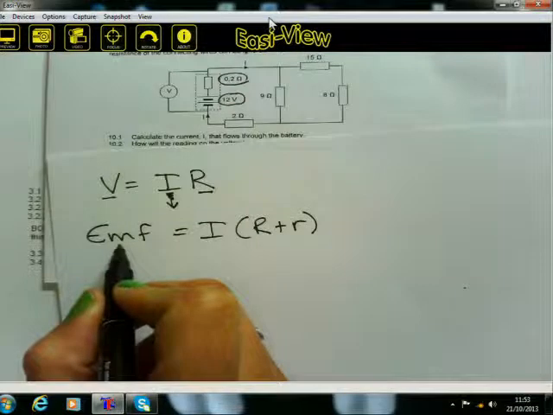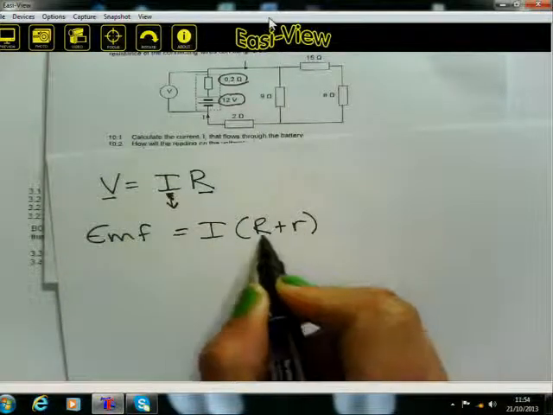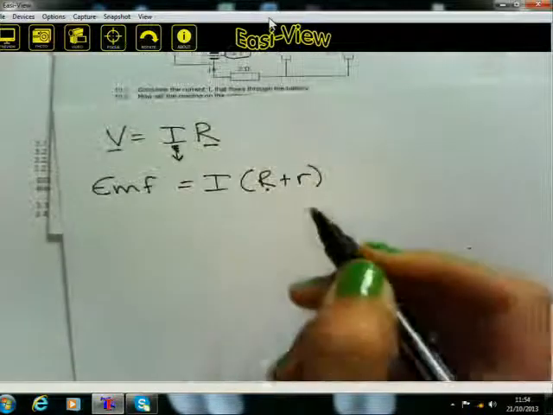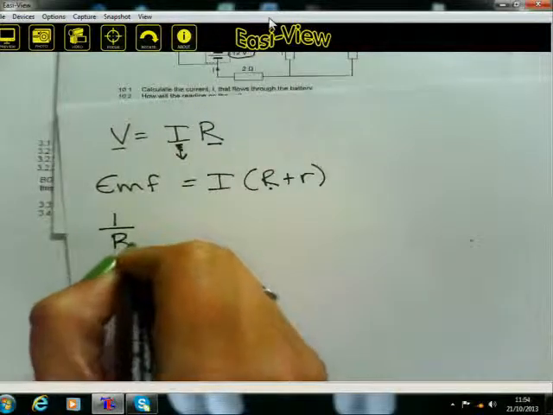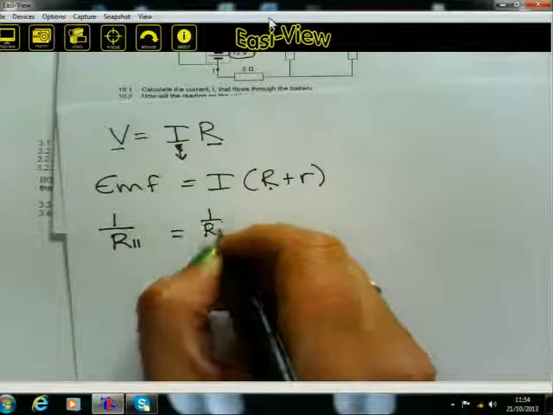Because together, this one will take 3.2, that one will take 3.2 volts, and together they must make up the whole voltmeter reading of the whole branch, which is 6.4.